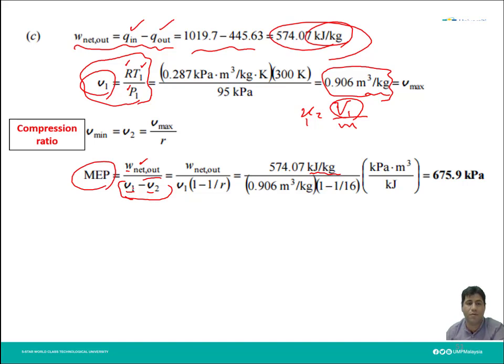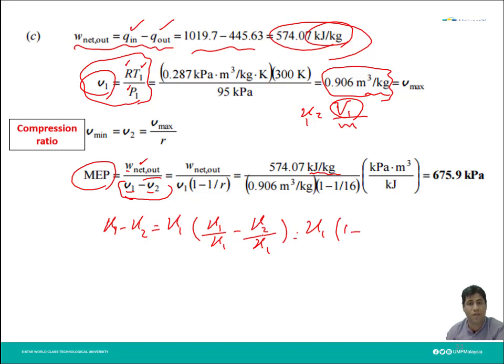And if you remember this V1 minus V2, if we bring out V1 from this equation, V1 minus V2 is equal to V1 times V1 minus V2 divided by V1, which will be equal to just a simple thing. I'm going to show you this simplicity.